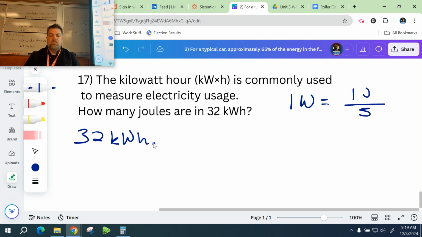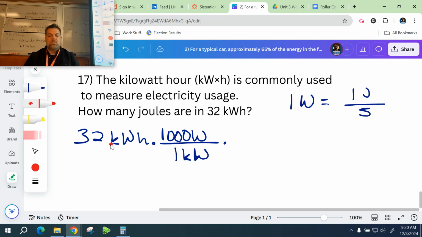hours, the first thing I need to know is that 1 kilowatt is equal to how many watts? Yeah, it's 1,000. So 1,000 watts is 1 kilowatt. All right, cool. We've canceled out the kilowatts.